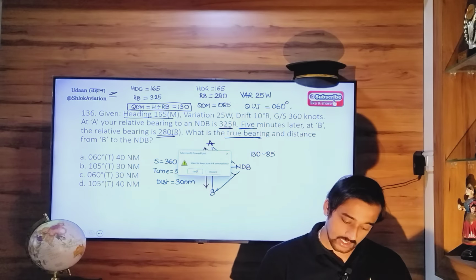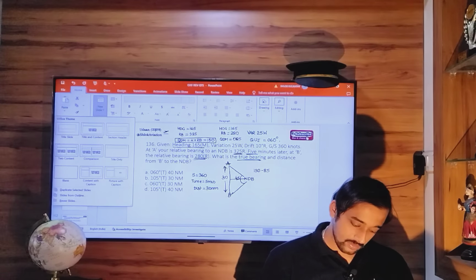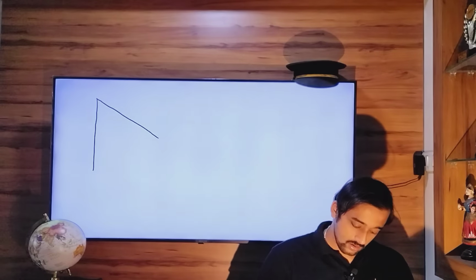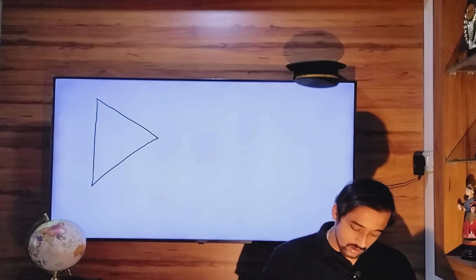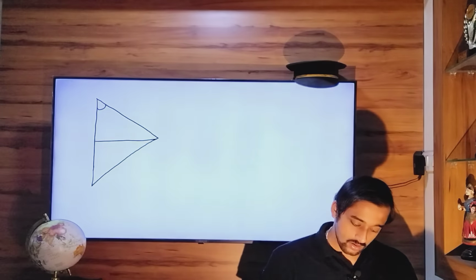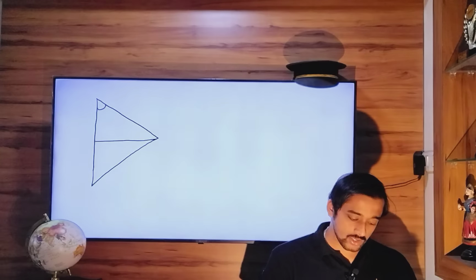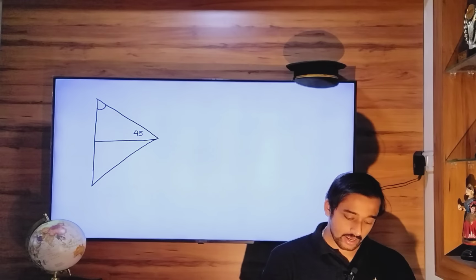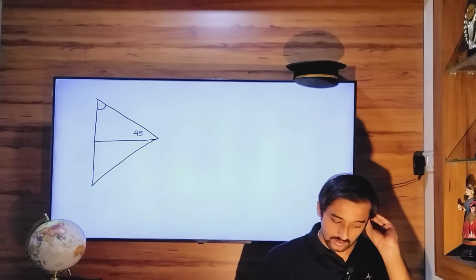I will use another slide. So 90 minus 135 is 45, and 90 minus 85 is 5.